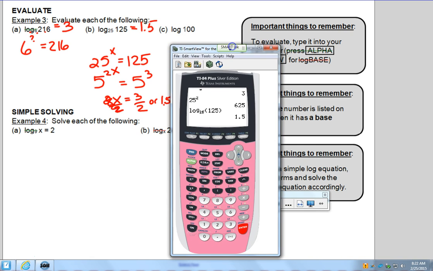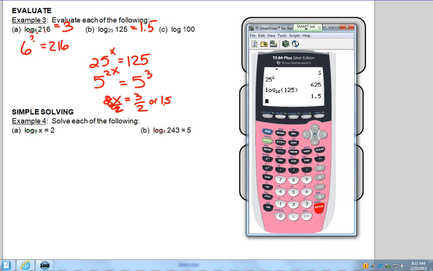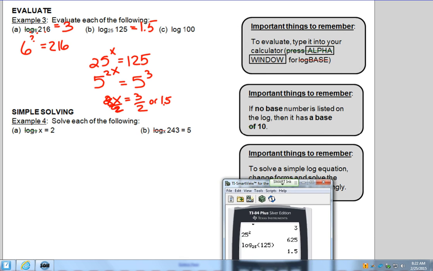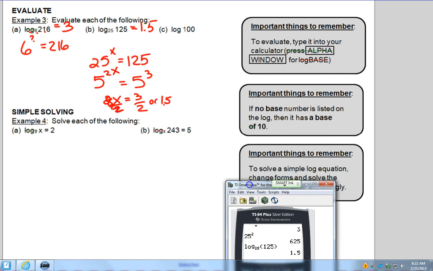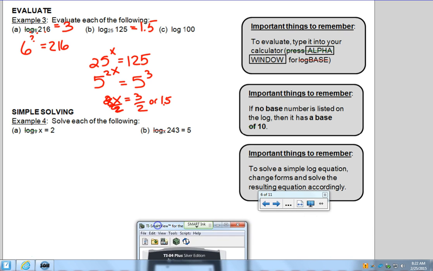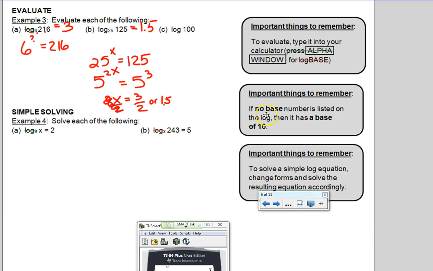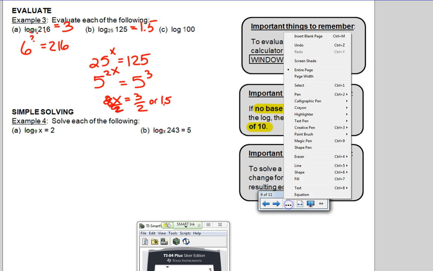All right, and lastly, C. When there's no base number, and this is important, and I have it over here on the right in my box, when there's no base number, it means that the base number has a default of 10. There's always a default. And I'll just go back to some things you already know.